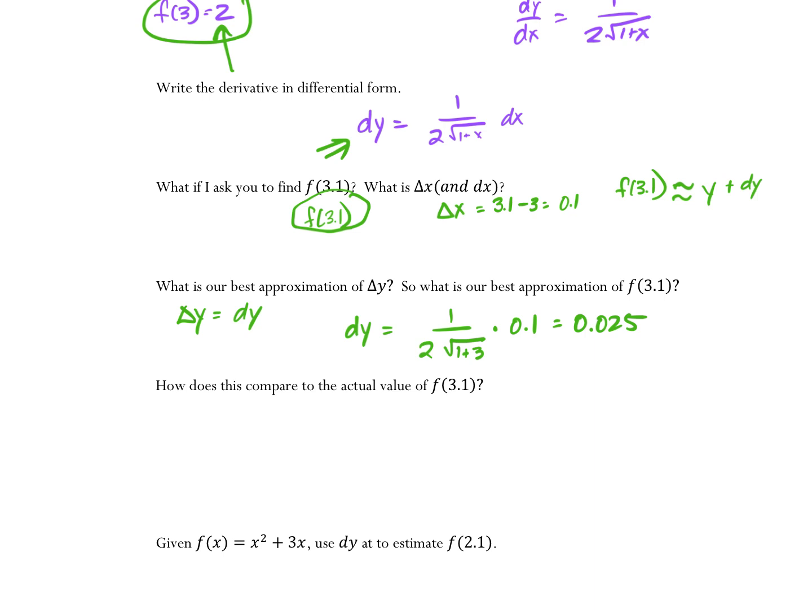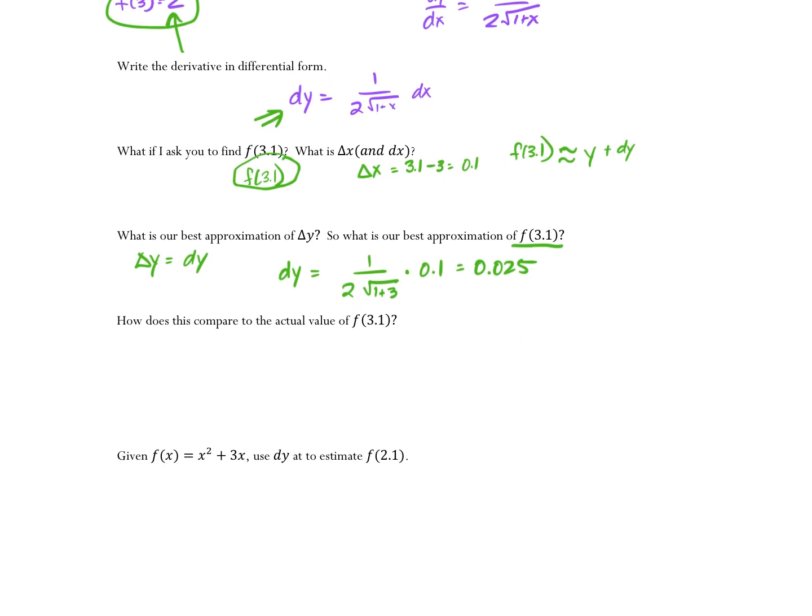Again, this is just doing some arithmetic. So if I want to find our best approximation of f of 3.1, it's going to be the y we had before, 2, plus that delta y. So our best approximation is 2.025. Now, what is the square root of 1 plus 3.1?